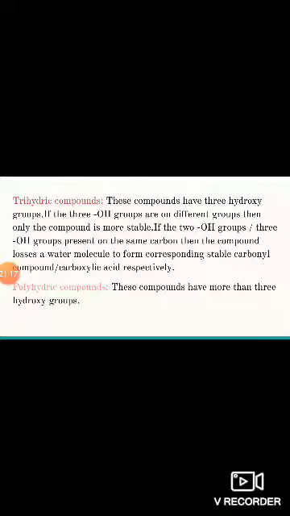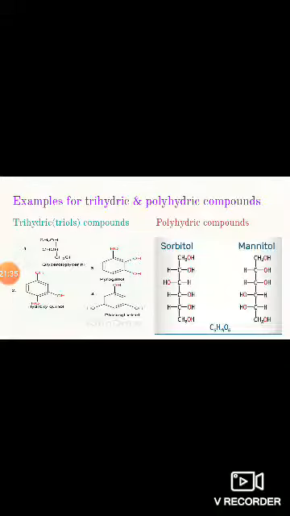Okay. Next, polyhydric compounds. Polyhydric compounds are nothing but the hydroxy compounds which have more than three hydroxy groups, generally known as polyhydroxy compounds or polyhydric compounds. There are some examples for trihydric and polyhydroxy compounds.